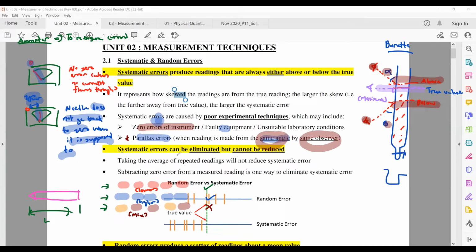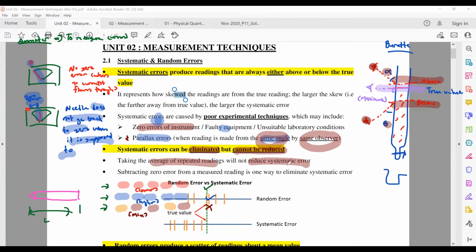Okay, now systematic errors can be eliminated, but they cannot be reduced. If you take the average of repeated readings, you will never reduce systematic error.